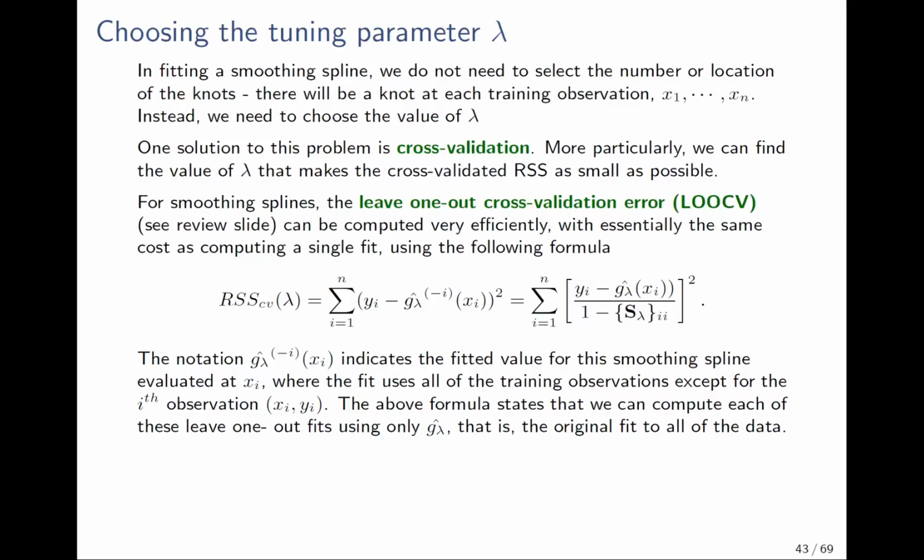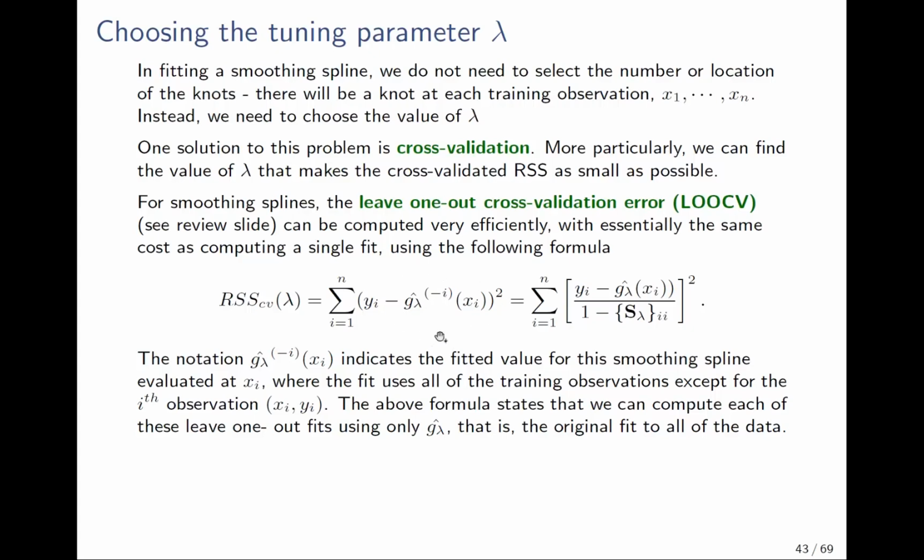But what we're going to do is find the value of lambda that minimizes the leave one out cross-validation error. And this can be computed very simply using this formula. So you see this formula here. All this formula does is it sums the difference between y and the fitted value of y.